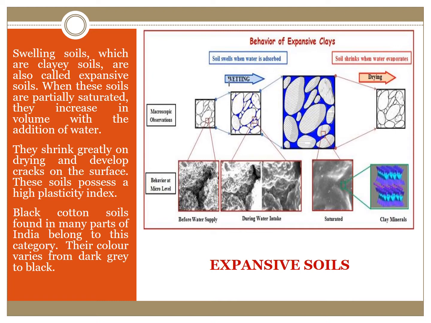For example, a sand. Okay, so expansive soil possesses a high plasticity index, and their liquid limit is not more than 40% and the plasticity index is more than 50%. Black cotton soil is the example of expansive soil, which is found in many parts of India, and their color varies from dark gray to black.